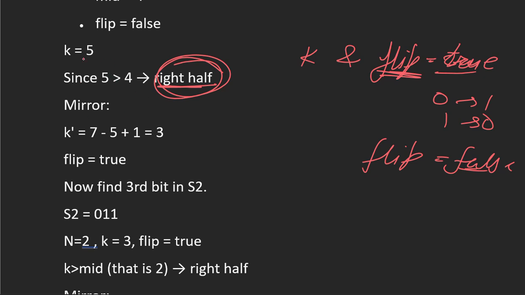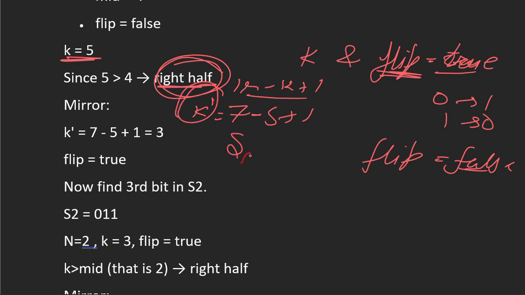So now our k is equal to 5, and length minus k plus 1, that is 7 minus 5 plus 1, is our new k dash. This k dash bit we have to find in S of n minus 1. So currently we are in S3, so our k dash is 3 and flip is equal to true.